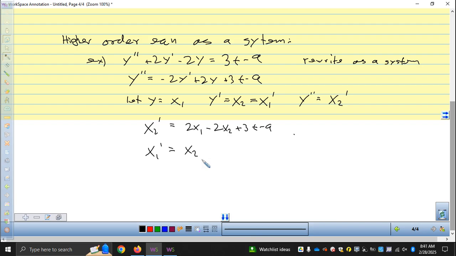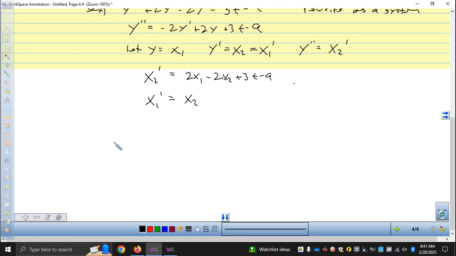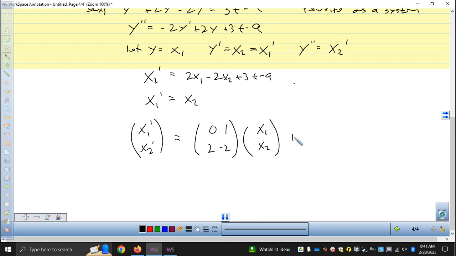So this now is a system of first order differential equations. And we can write this as x1 prime, x2 prime equals [0, 1; 2, negative 2] times x1, x2 plus [0; 3t minus 9]. And this is also x prime equals Ax plus f of t.